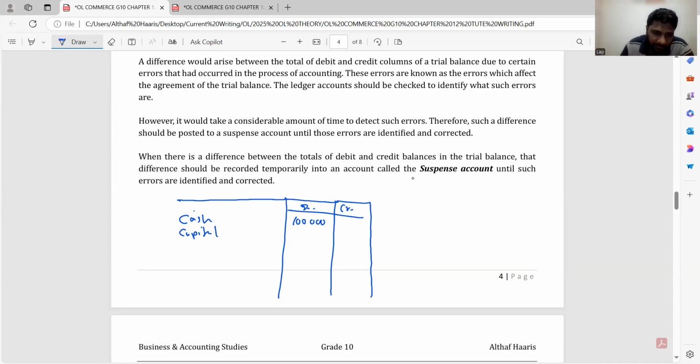Capital 150,000. And we'll assume sales are 80,000. And maybe purchases are 50,000.